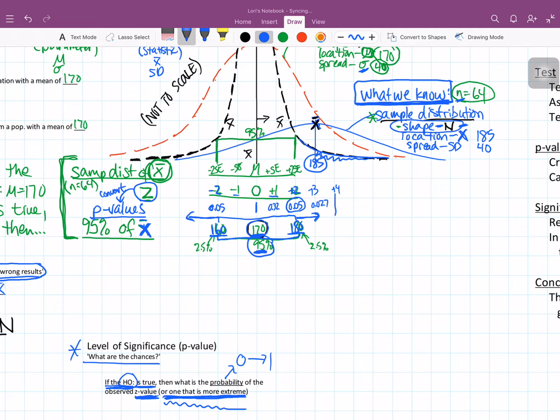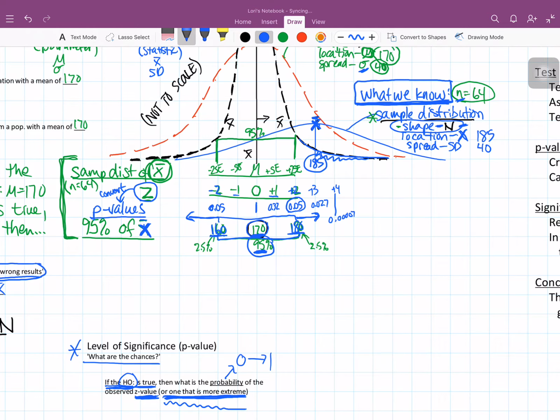That value is 0.00007. And so you can see that the chances of having this x-bar be this far out, we only have a 2.7% chance of having one that is 185 or more extreme. Now it can happen that we have a sample mean of 185.